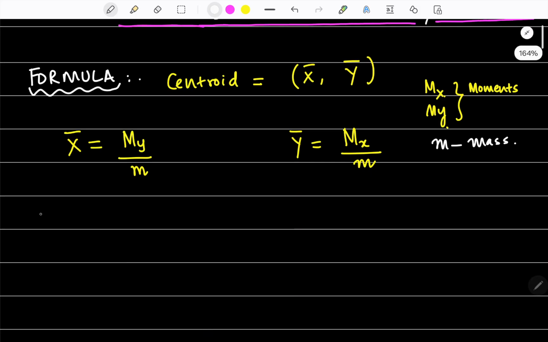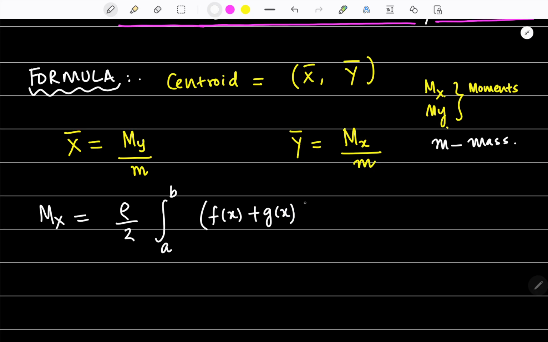Let us start with the Mx formula. The formula is rho divided by 2, where rho means density, integral a to b, first curve f of x plus g of x, and then it is multiplied by f of x minus g of x dx.